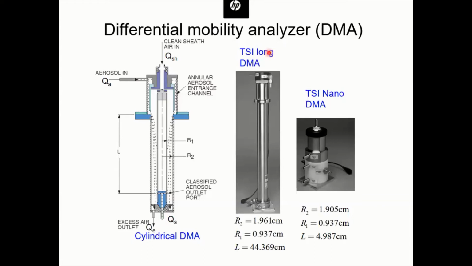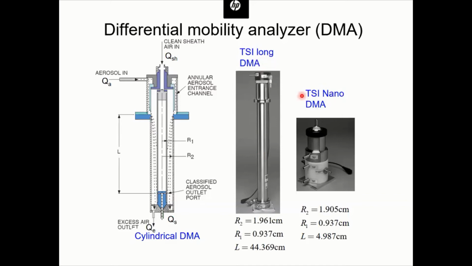This concept has led to a lot of designs for instruments. Right now the most widely used instruments in the aerosol field come from a company called TSI. They make these DMA columns. You have the long DMA, and we also have the nano DMA.